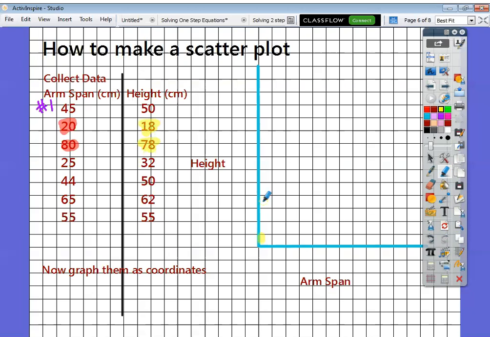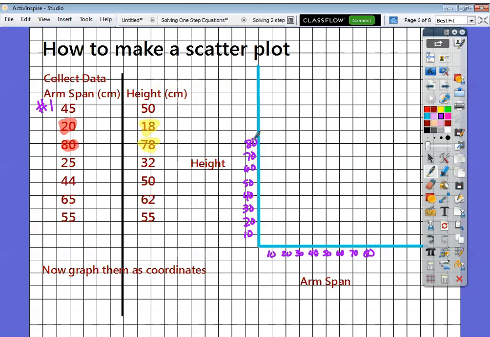So I know over here has to include 18, but go up to 78. I think I'll go by tens on both sides. So 10, 20, 30, 40, 50, 60, 70, and 80. And I'll go by tens on this side: 10, 20, 30, 40, 50, 60, 70, 80.